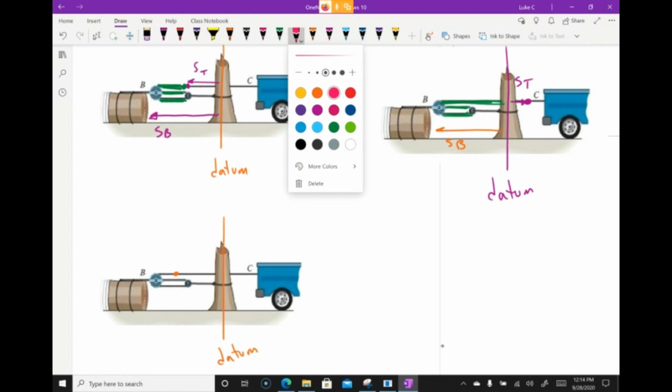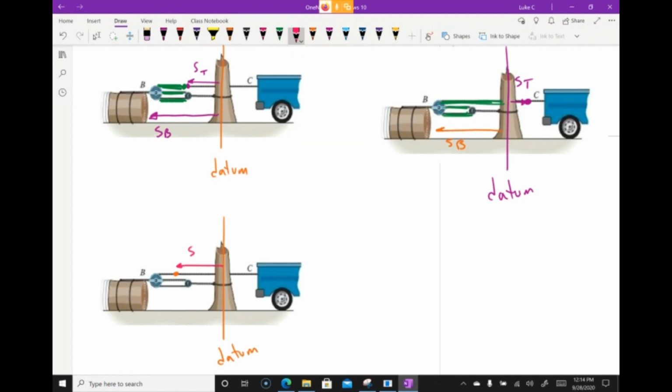And I label this the point, because I like to make sure I distinguish between that point of the motor and any other point that could be in my head. Then I need to find this dimension, I need to define this and that. So the way I would do it is, again, I would label from here to here as SB.